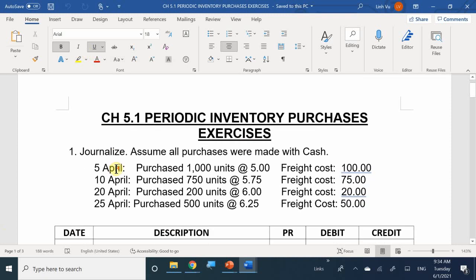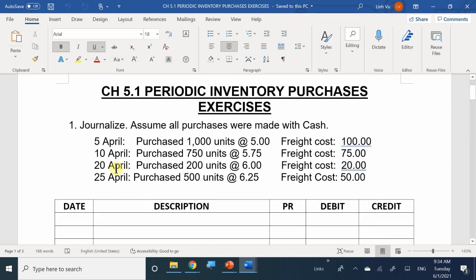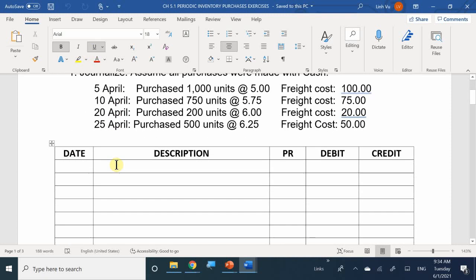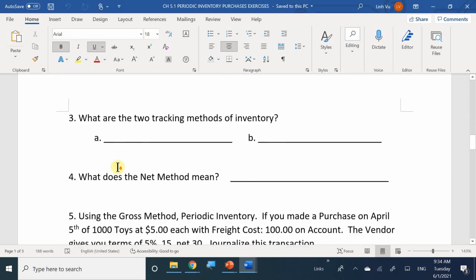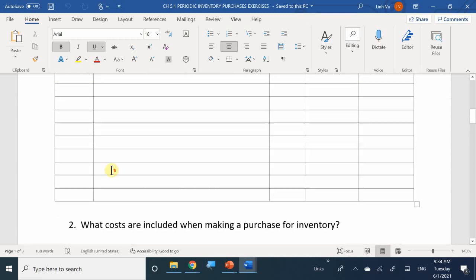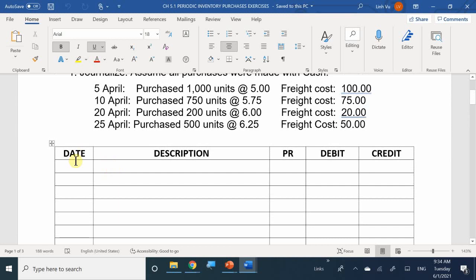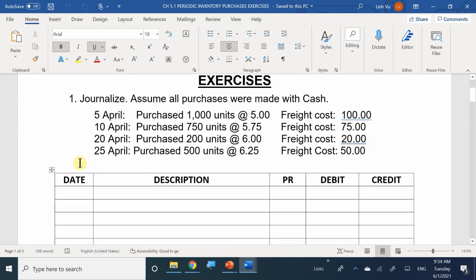Okay, so here I give you 4 examples, and what we're going to do is just practice journalizing our information and maybe cover a few things. Okay, so let's start with the first one. Right. So here I'm going to ask you to journalize and assume that all purchases were made with cash. So there you go.